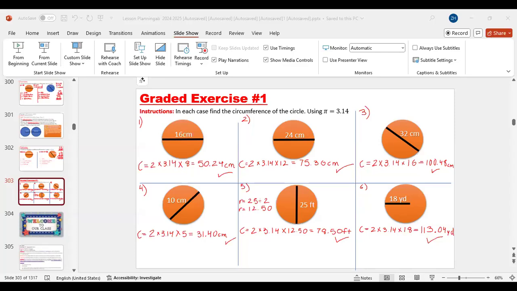It's out of 24, so you have to get at least 20 out of 24. If you get anything lower than 20, you have to redo your quiz. All right. Maybe I should resend the quiz.